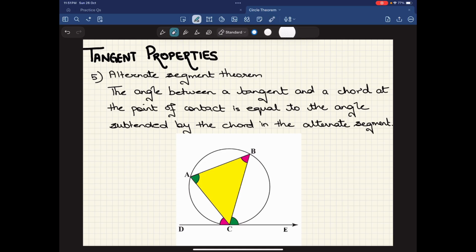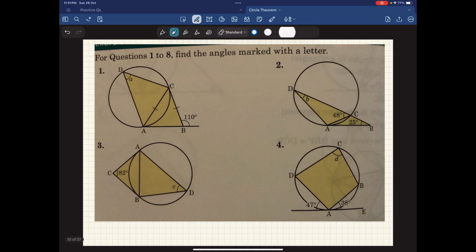Now let's try and apply this alternate segment theorem. This theorem has recently been added to the syllabus, so rest assured that it will be tested in the coming years quite frequently. So make sure you understand it, and you've applied it to as many questions as possible.